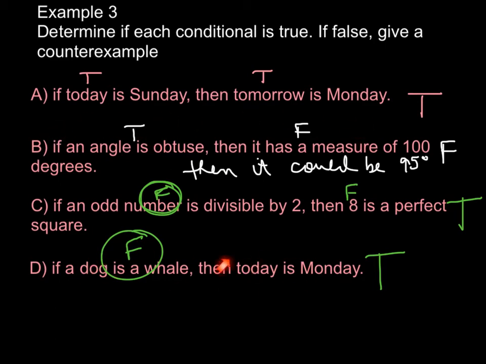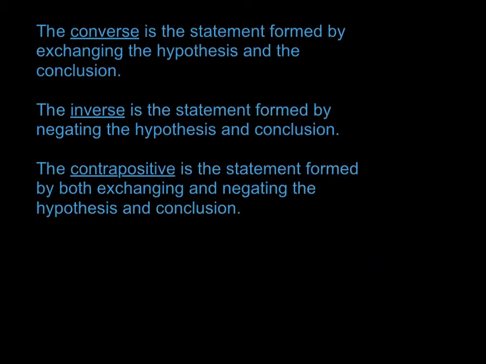What are you going to give as a counterexample here? If a fish is a bird, then tomorrow is yesterday? You can't give a counterexample because it doesn't even make sense. I know this is confusing, but you have to remember that chart. The only time your conditional can be false is when the hypothesis is true and the conclusion is false.